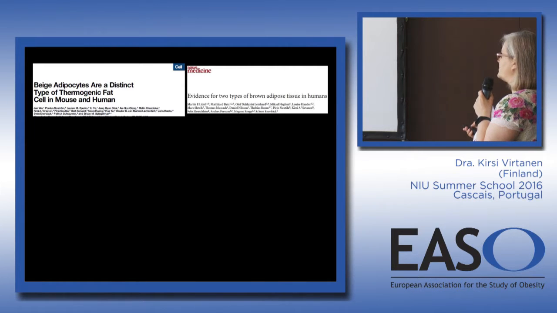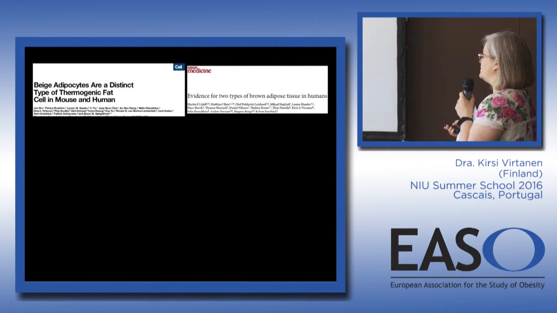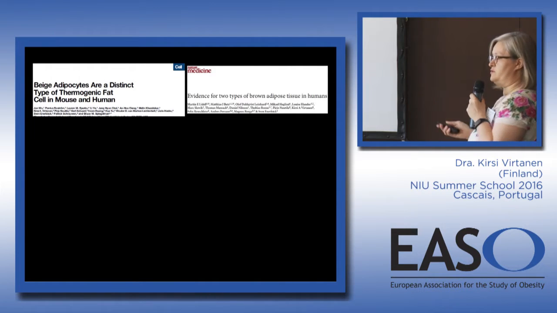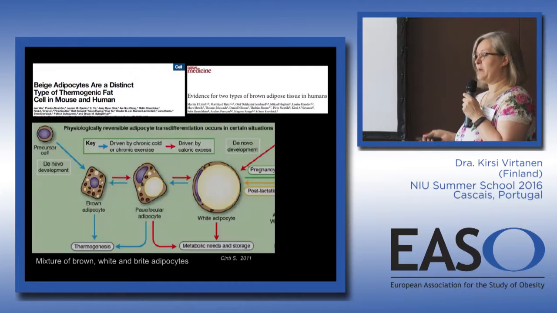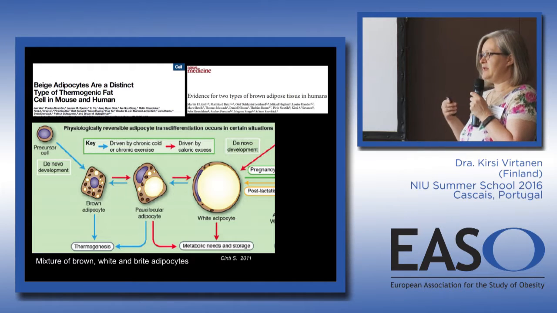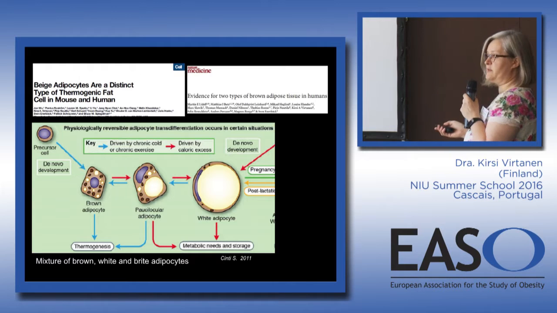The beige adipocytes may be described like this: they are prepared either for transferring to brown adipocytes in times of need, like with chronic cold, or for turning to white adipocyte type cells in times of caloric excess. But in the depots we have, it is always a mixture of all these three types of adipocytes.